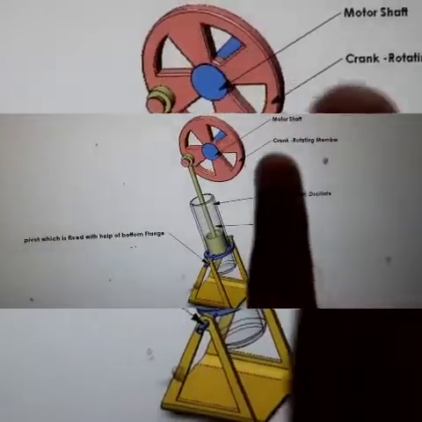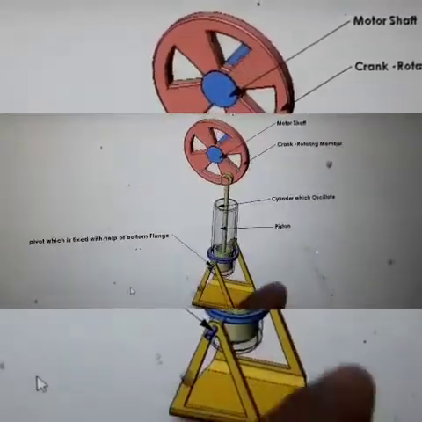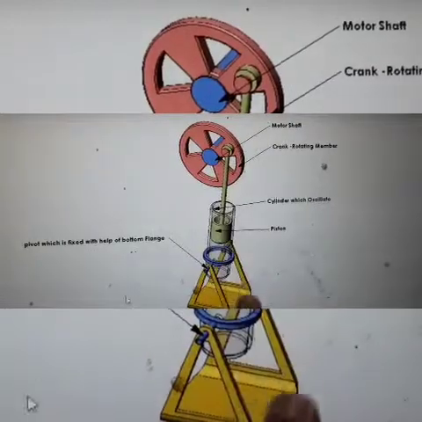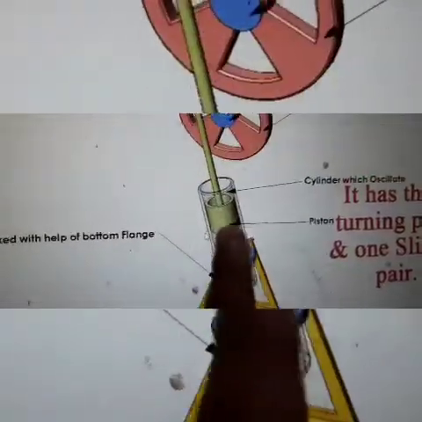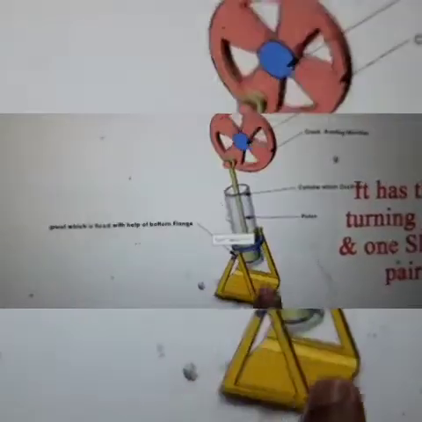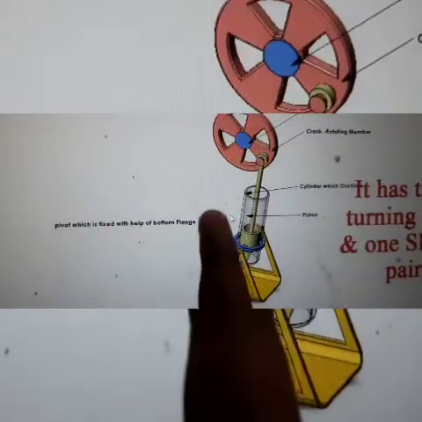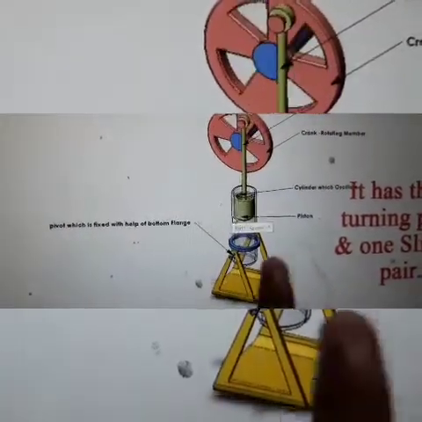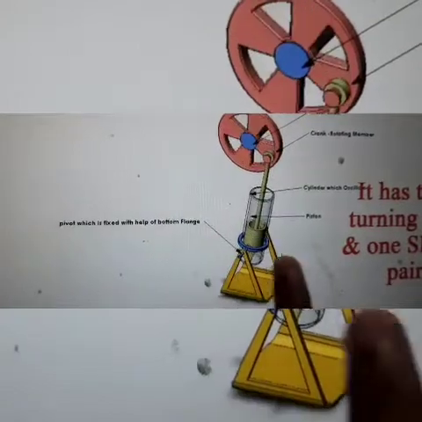You can see here when the crank is rotating, the piston rod is also moving, because of which the piston is reciprocating inside the cylinder, as well as the cylinder is oscillating about this fixed point.